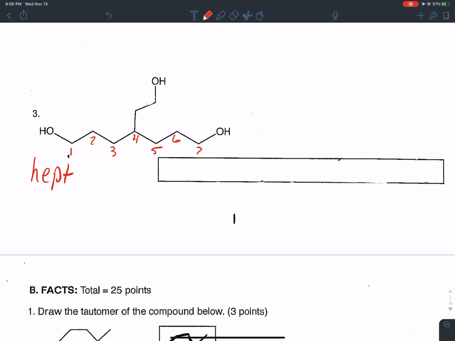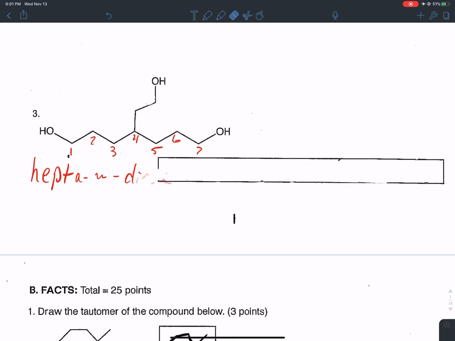So this is going to be a hept of some kind. And this is actually a tricky one. This is specifically for diols. There's a little tricky rule here. So when you have a diol, you need to use the word heptane diol. You have to call it a heptane diol. That is just specific for diols. If you had 2 alkenes and you were using a diene, you would say, like normal, hepta, whatever numbers, diene.